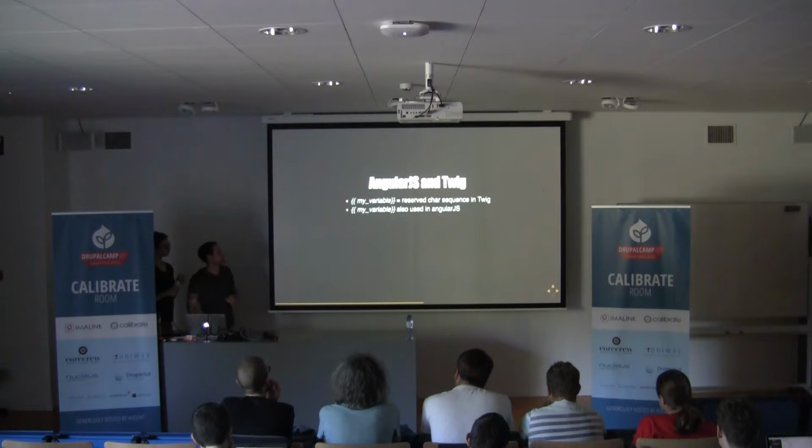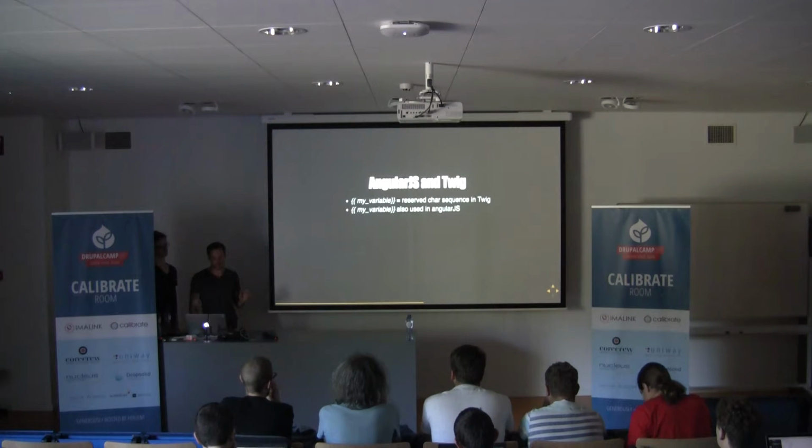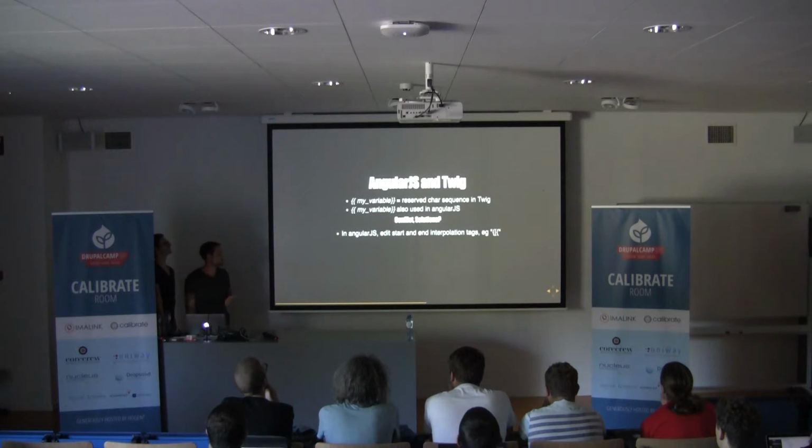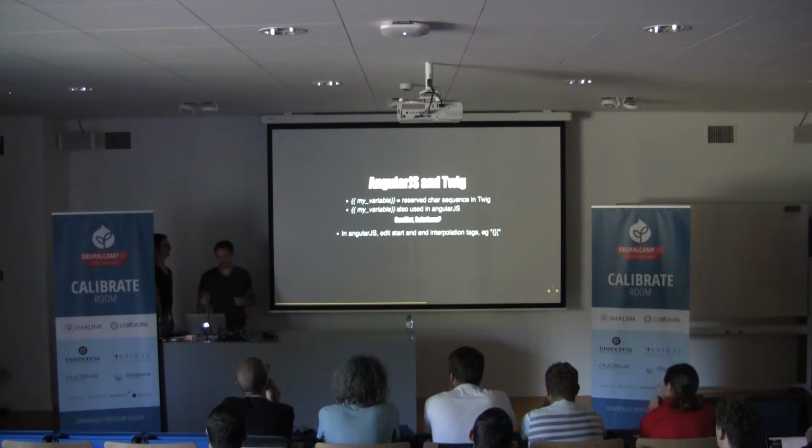So Angular and Twig. As most of you know, I think, if you want to print variables in Twig, you have to use curly brackets. So that's a reserved character sequence in Twig. But like we have seen with the button text placeholder, Angular by default also uses curly brackets. So that's a conflict. So what are the solutions? One of the solutions is you can change the interpolation tags in Angular, for example, to double curly brackets, and then you won't have a conflict anymore.